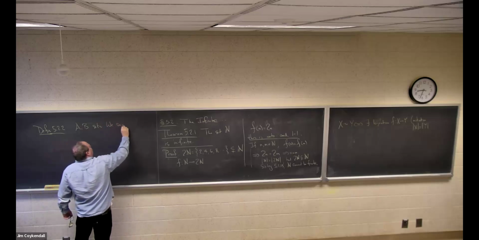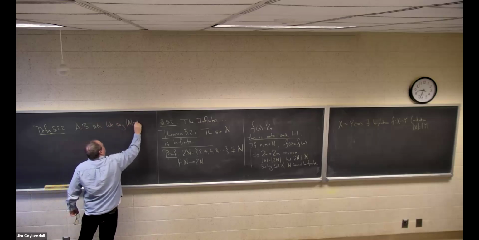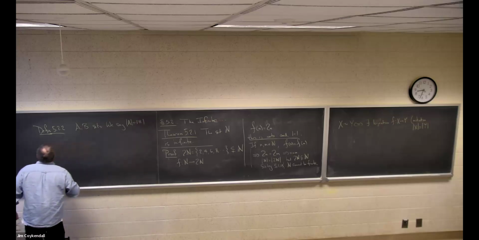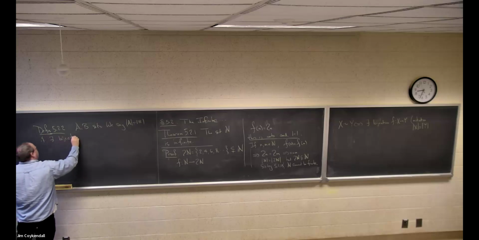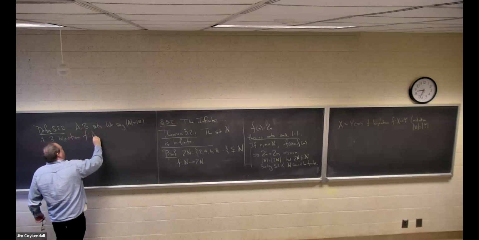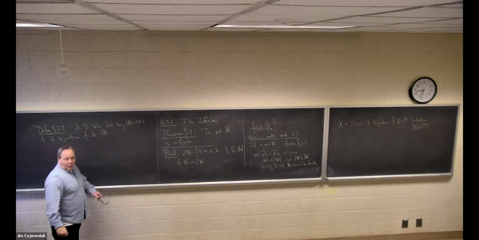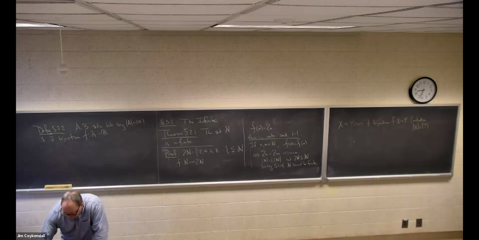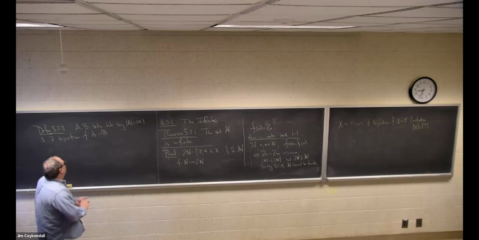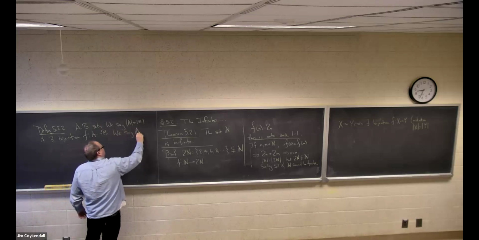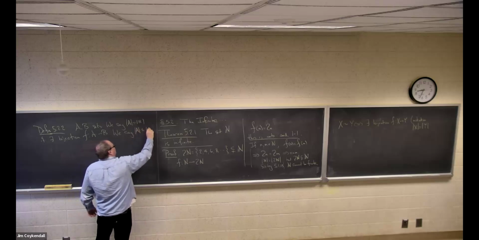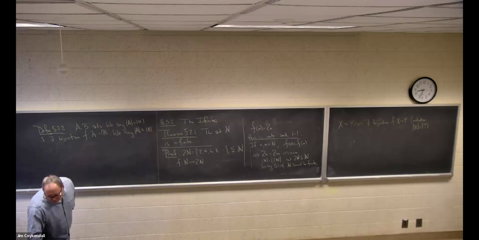You say there is a bijection from A to B, or equivalently one from B to A, so this is an equivalence relation. We say that the cardinality of A is less than or equal to the cardinality of B if there's a one-to-one function.